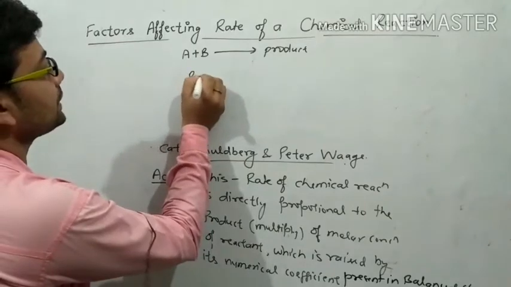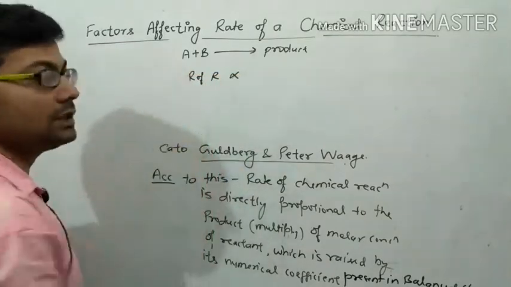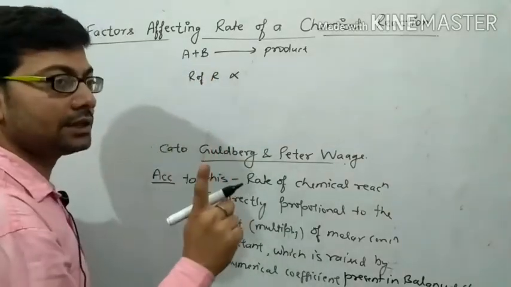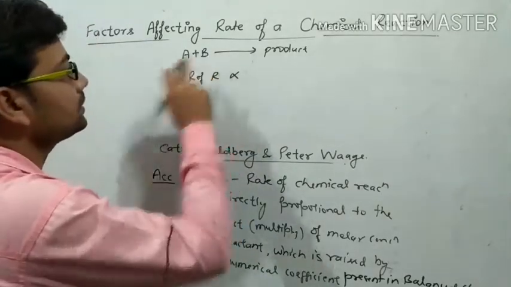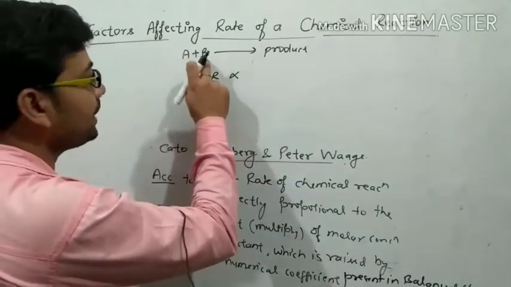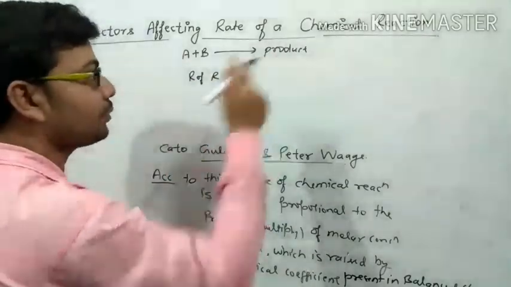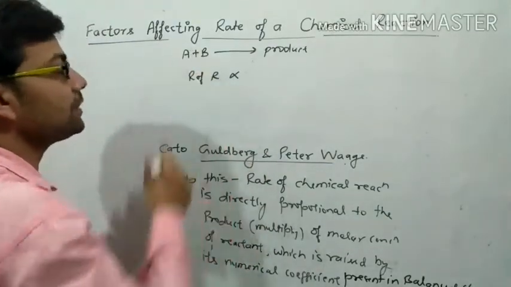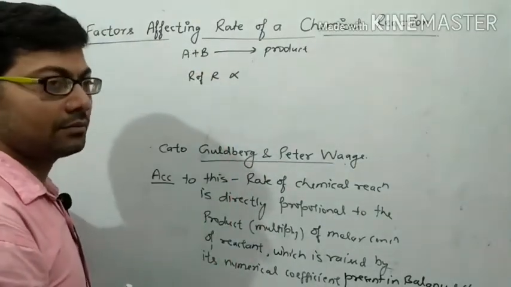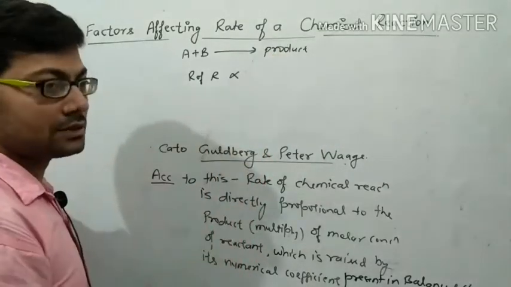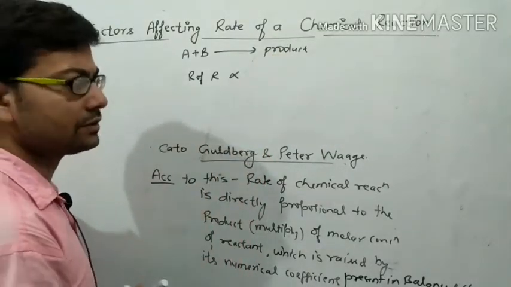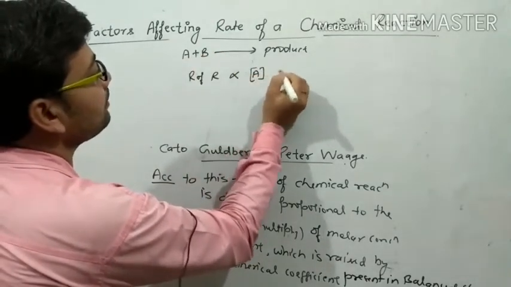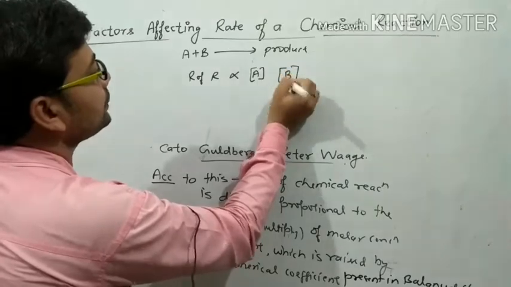The rate of reaction is proportional to the molar concentration of reactants only. It depends only on the reactant molecules, not the product molecules, because at the initial time the concentration of reactant is higher and the concentration of product is zero. So the molar concentration of A is multiplied by the molar concentration of B.